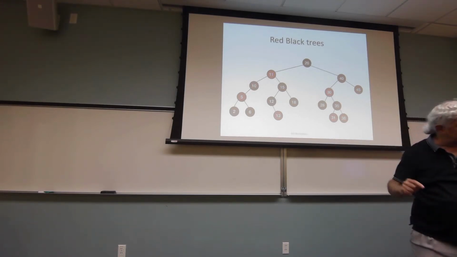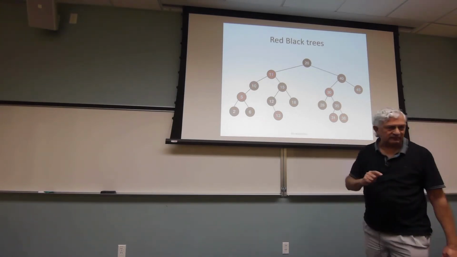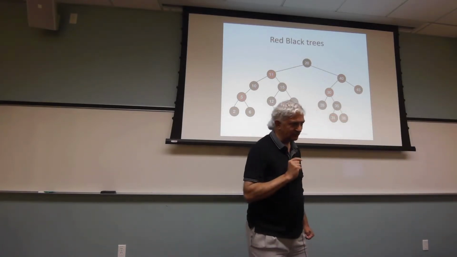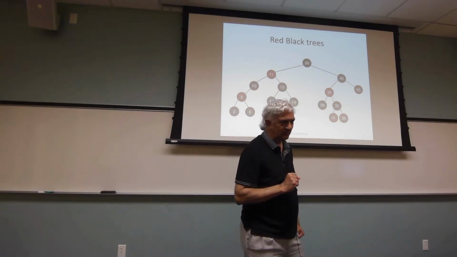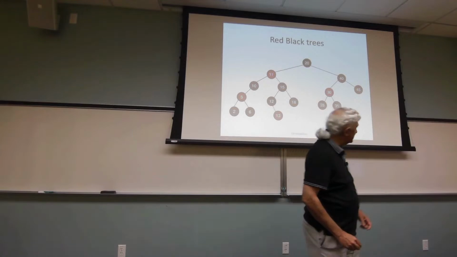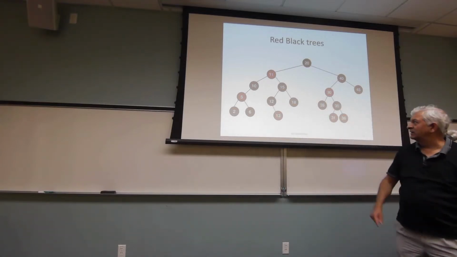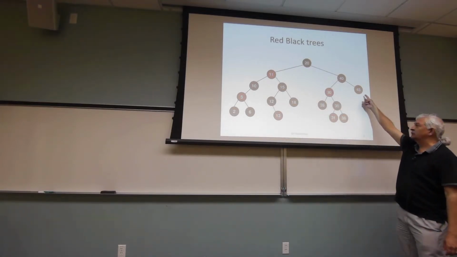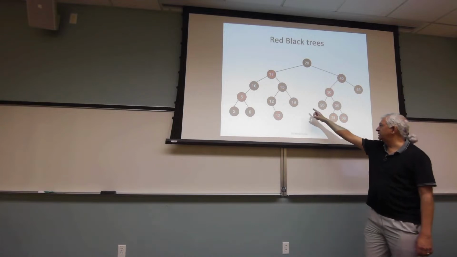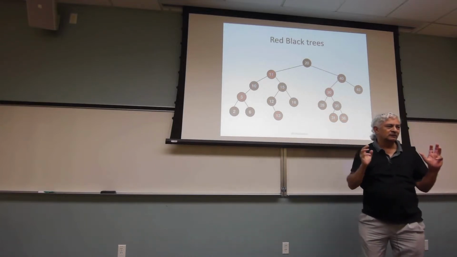Because then even the failed paths, you have to make sure that the number of black nodes is the same. I see. And so it has here even the failed paths. If you stop here, you'll still encounter 3 black nodes. You can stop here, here, doesn't matter.